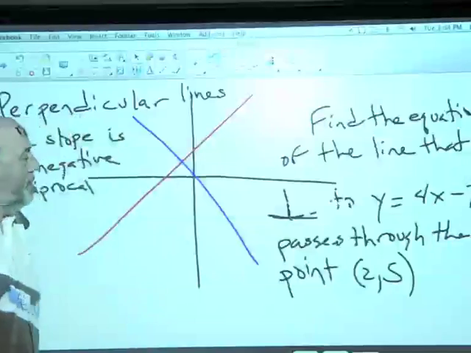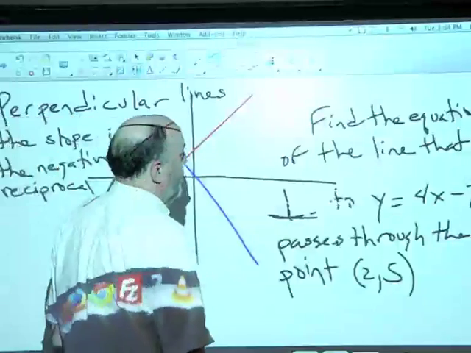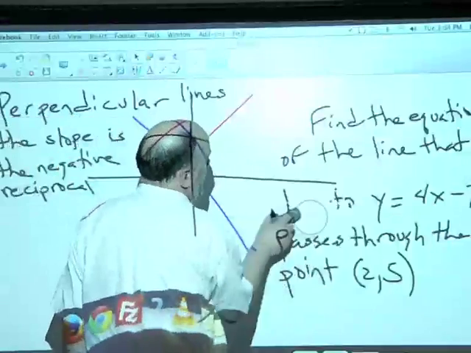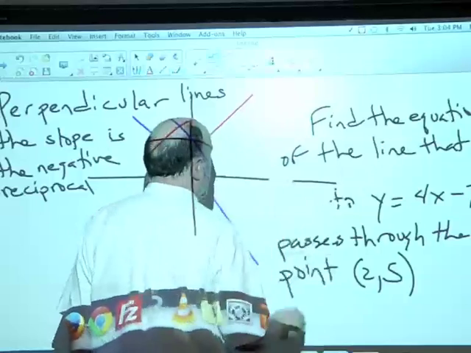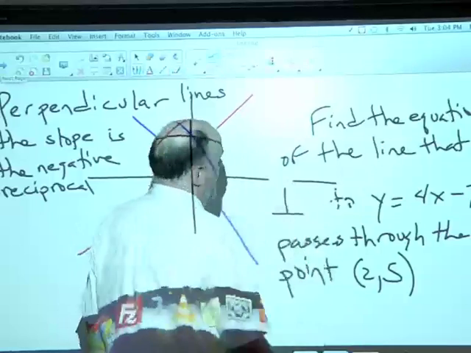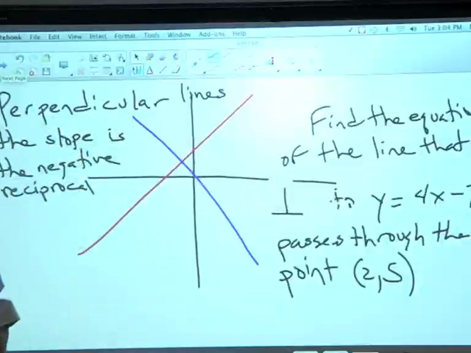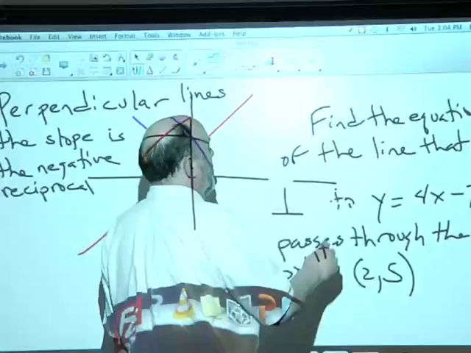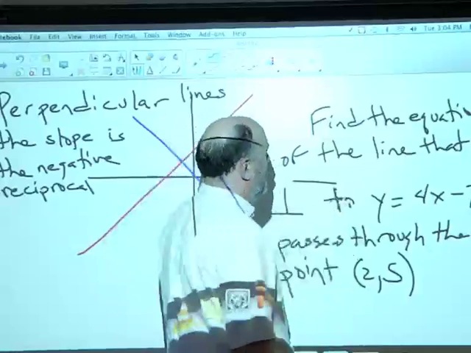So what does that say? Find the equation of the line that is perpendicular. Okay, that's a symbol for perpendicular, right? Unless you want to write out perpendicular. What does that say right next to it? Line that is perpendicular to y equals.